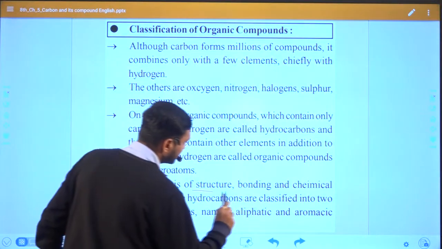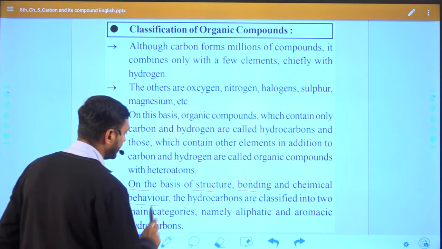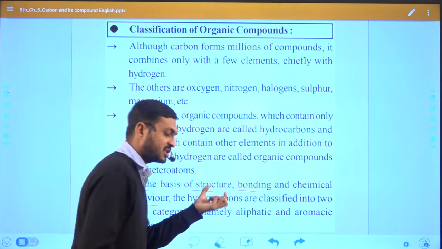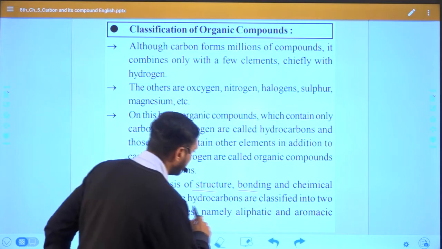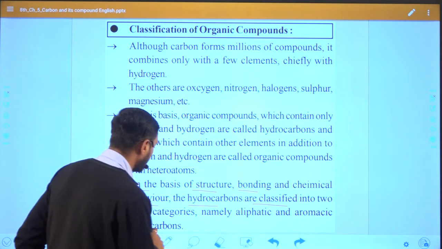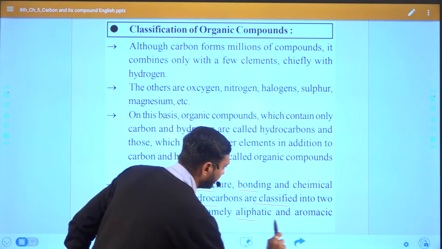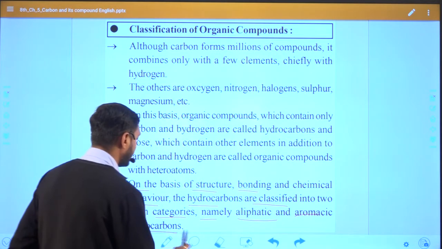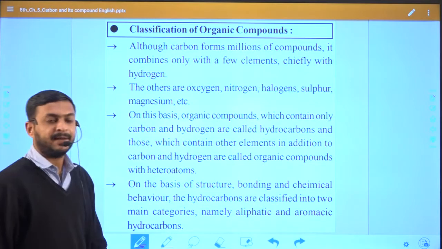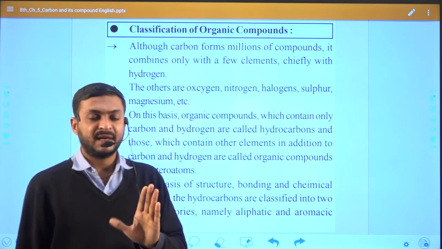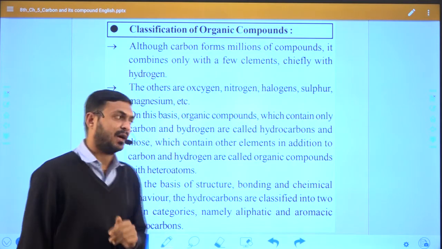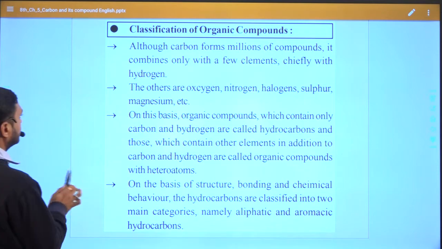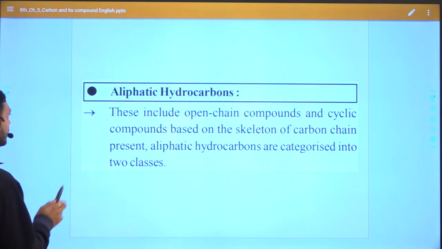Now, on the basis of structure, bonding and chemical behavior, hydrocarbons are classified into mainly two categories, namely aliphatic and aromatic hydrocarbons.